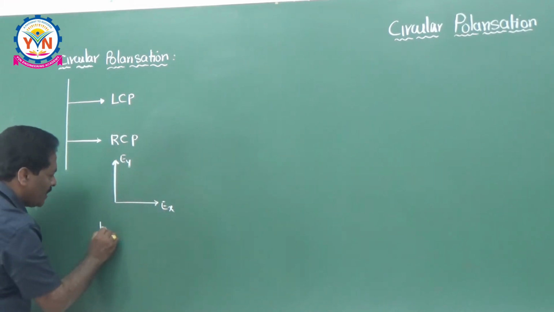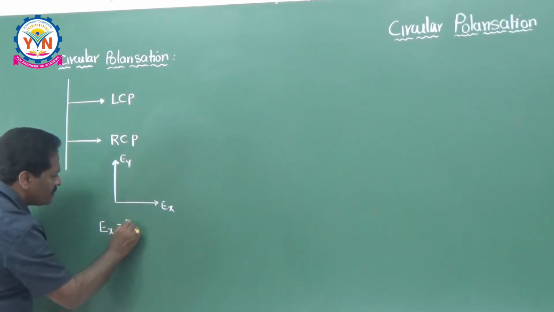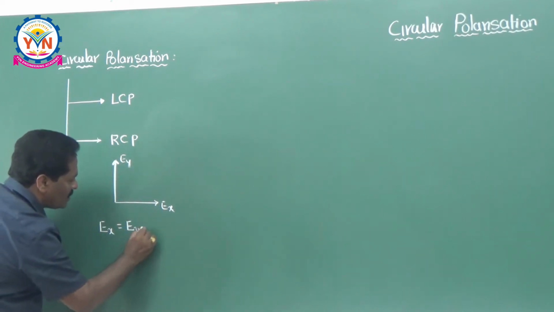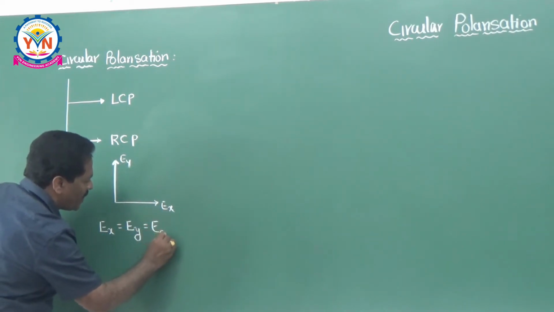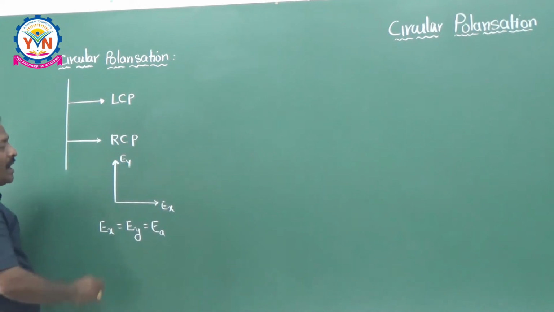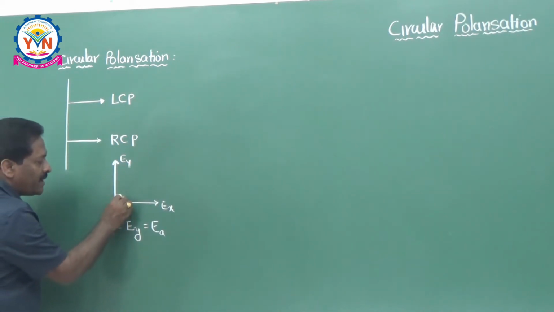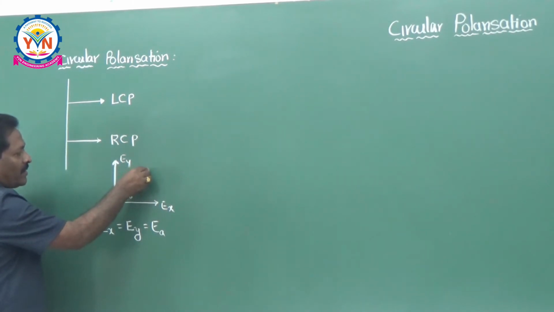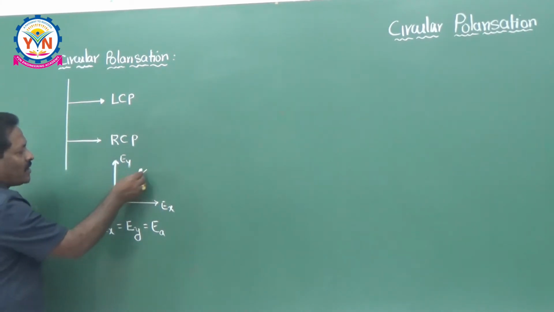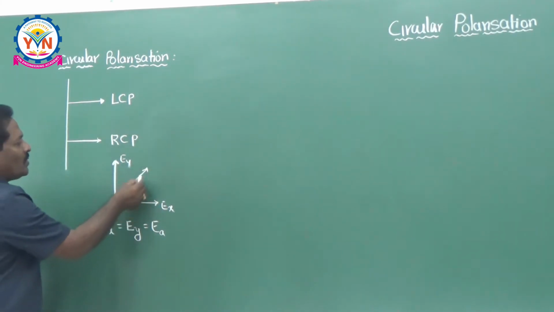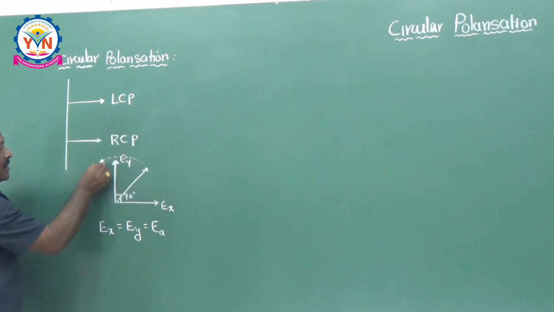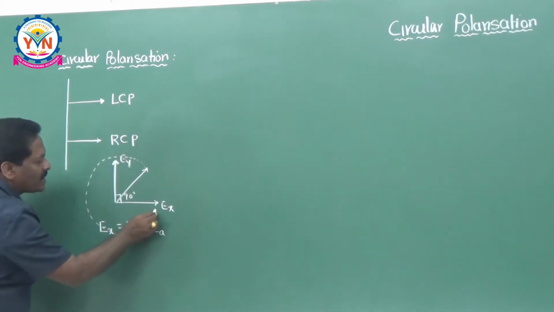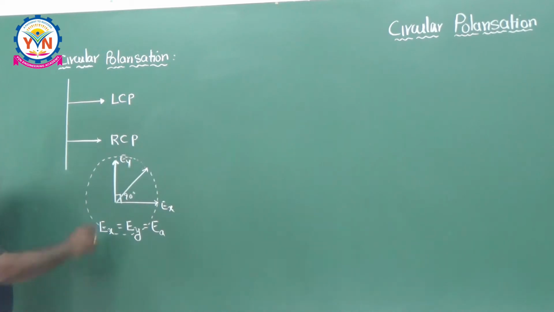That means Ex is equal to Ey, equal to some common amplitude Ea. And they should be displaced by 90 degrees. Then the resultant vector E traces out a circle. So the locus of this electric field intensity will be like a circle like this. That's why it is called circular polarization.